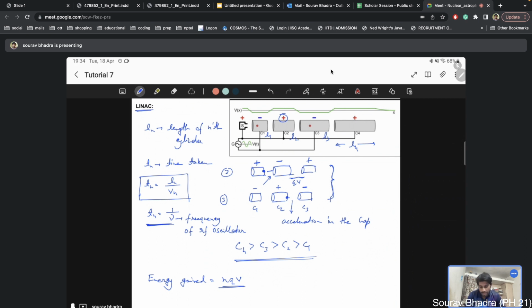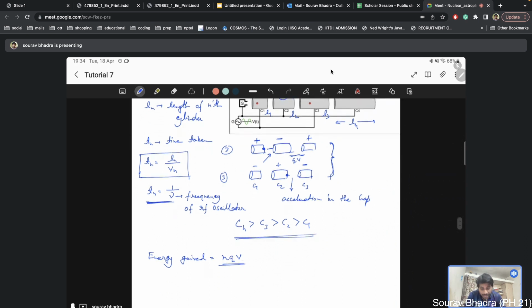And if this is the energy gained by the particle, I will write it as Vm. So Vm is just notation. Now this is the total energy of the particle, so the kinetic energy of the particle will be equal to half m vn square. Note that this capital V is the voltage, and this small v is the velocity.